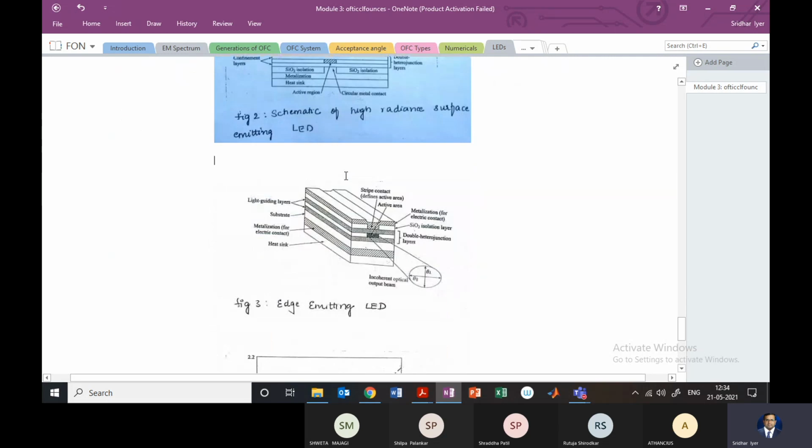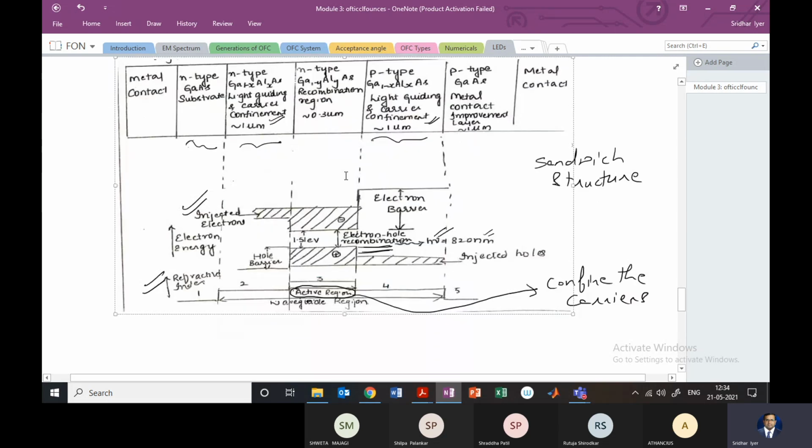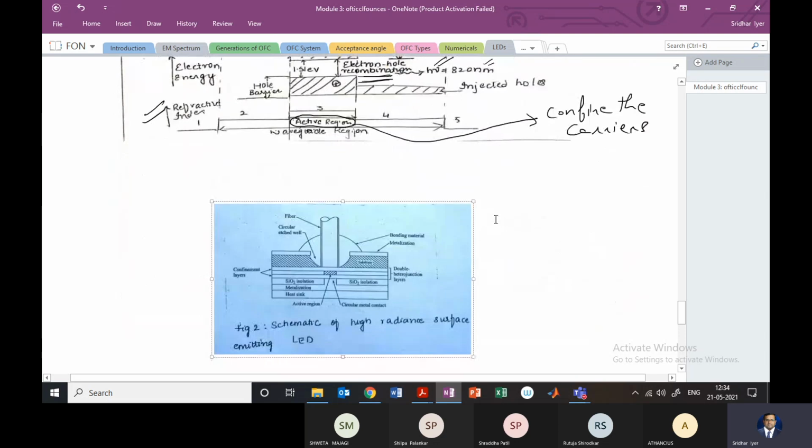I've put the diagram for both the types. Let's quickly discuss the first type. The first type is known as the surface emitting LED. These are also known as front emitters. You can see in the diagram, this is also put up in the notes.